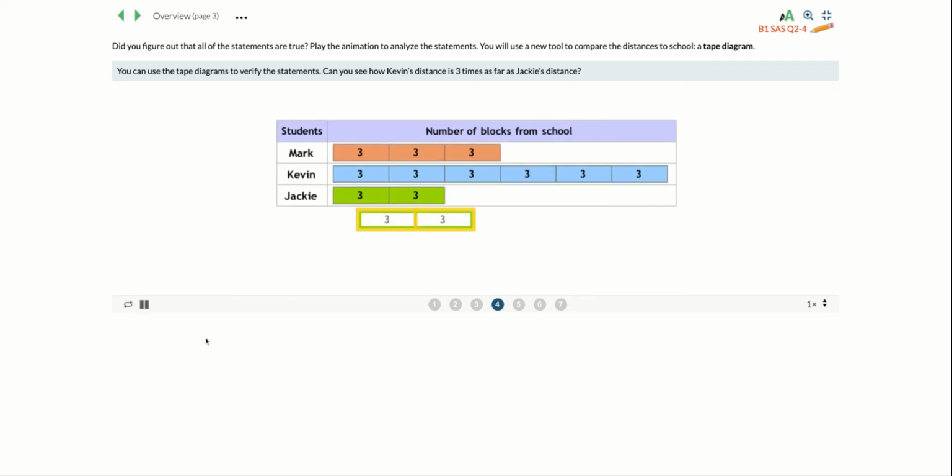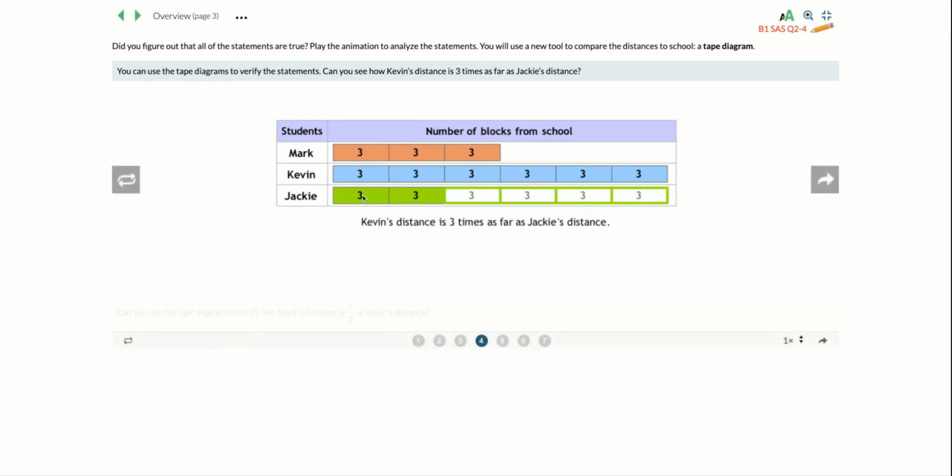So we can look and see that Jackie, if we take her distance and we replicate it 3 times total, we could make the statement that Kevin's distance is 3 times as far as Jackie's distance. Because as I add these lengths of 6 to 3 blocks, they equal the length of Kevin's tape diagram. So we could prove that distance.